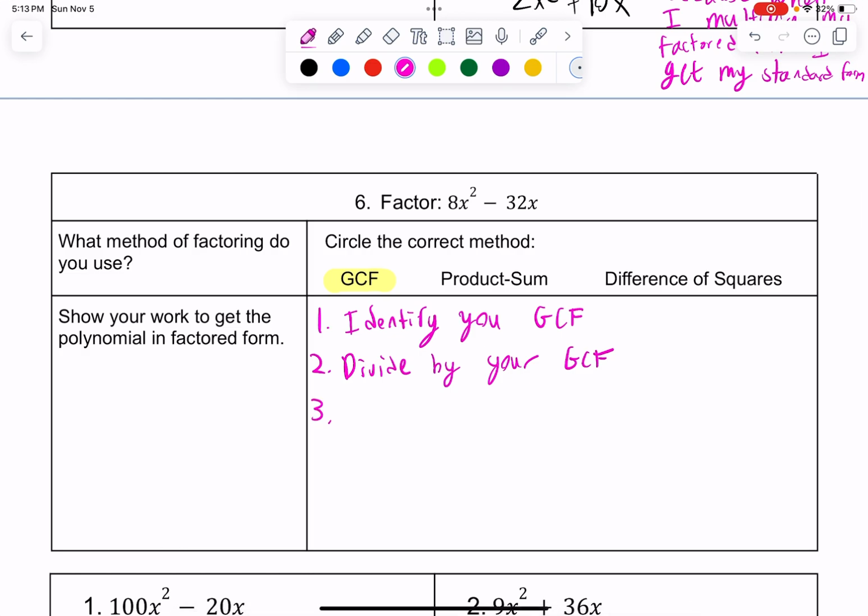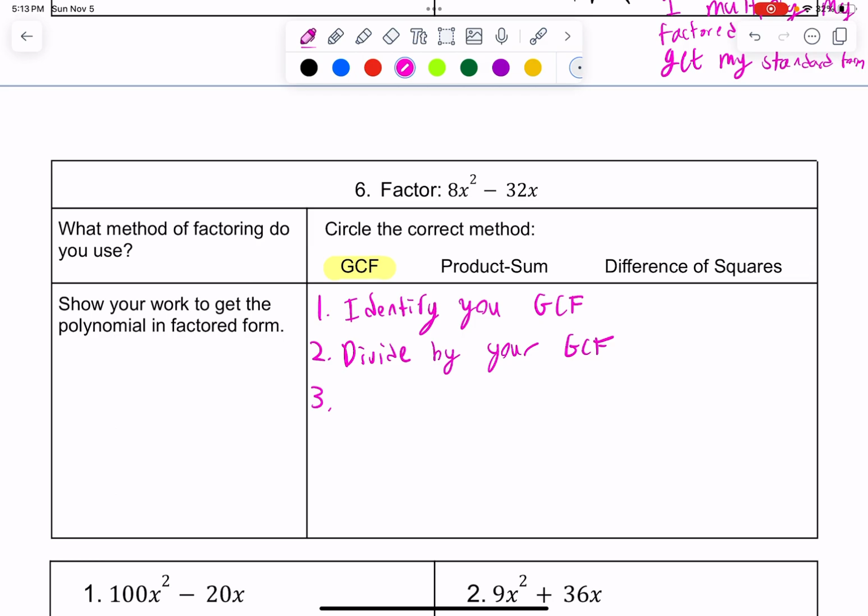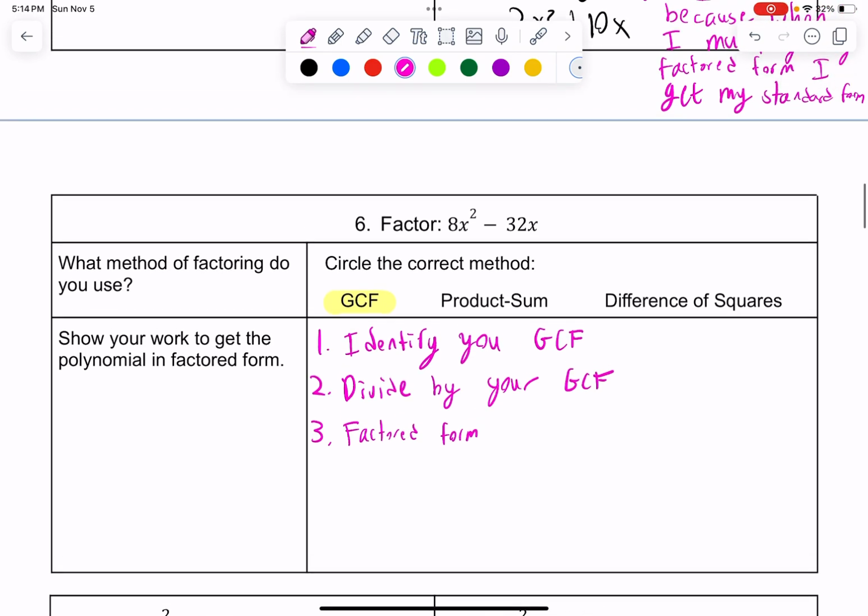Then you need to finally multiply in order to get your factored form. You need to have your GCF being multiplied by your factor that you get.